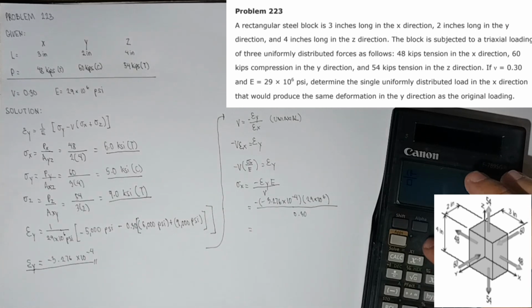Simply negative 3.276 times 10 to the negative 4, times 29 times 10 raised to 6, divided by 0.30.